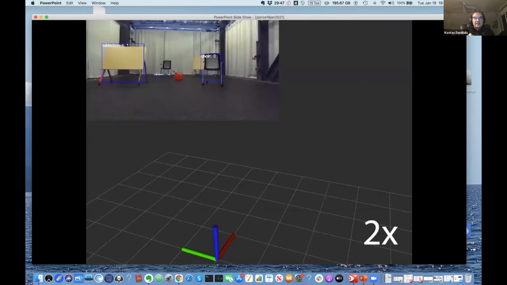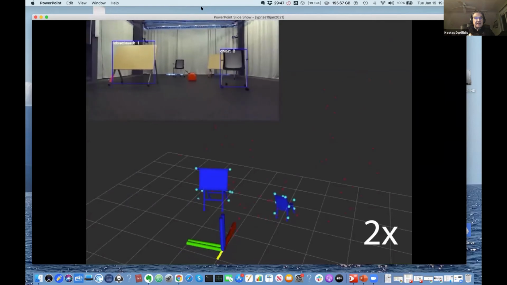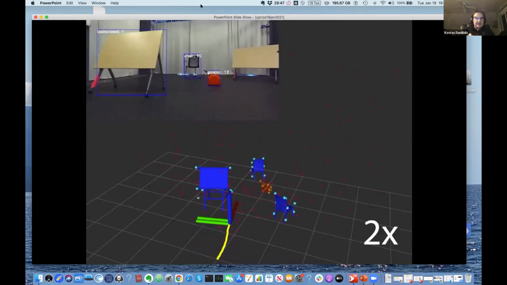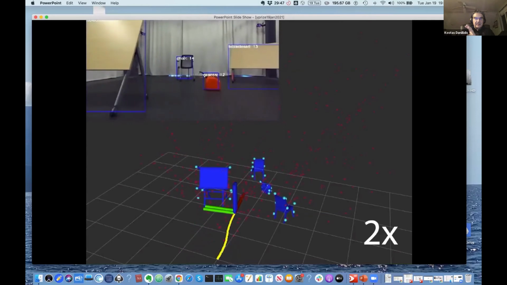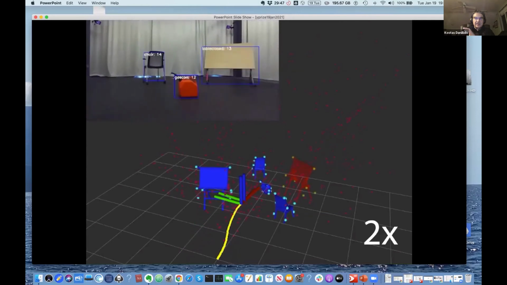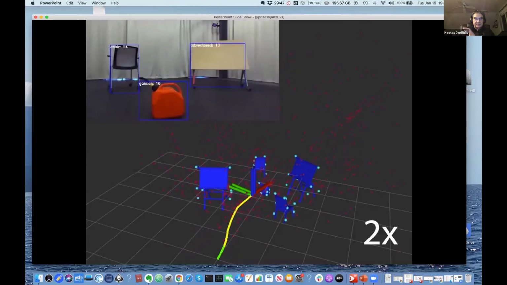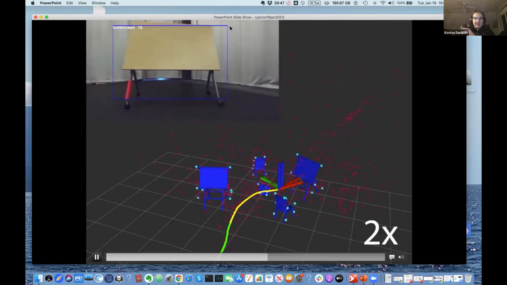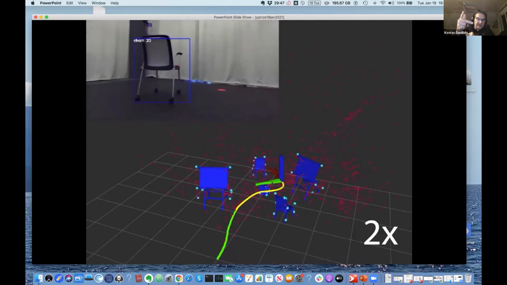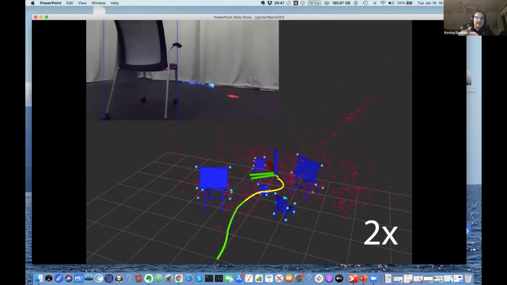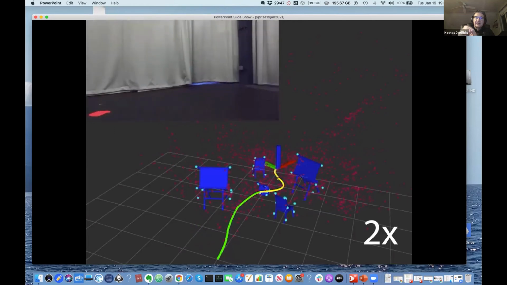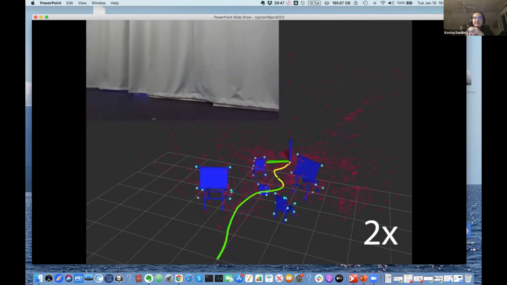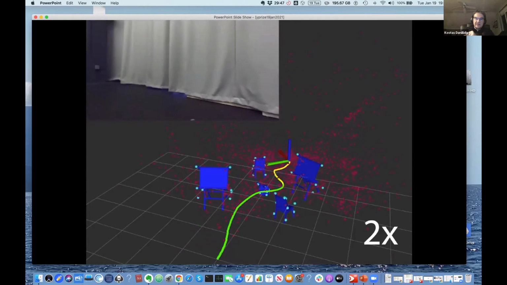So this is another example from inside Innovation, again with a camera mounted on a robot. You see the objects here reconstructed. The moving three fingers are the orientation of the robot, and all the red things are visual features around in the environment, which help the robot find its own trajectory.